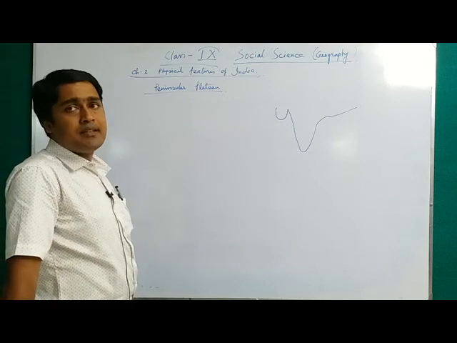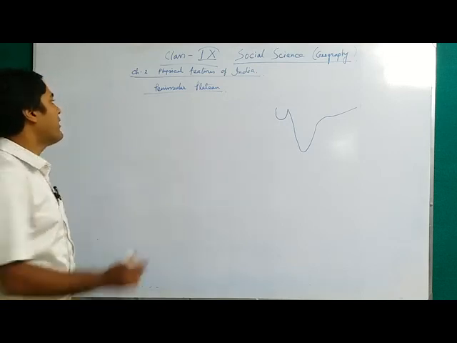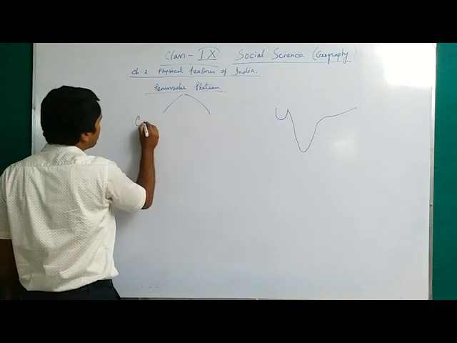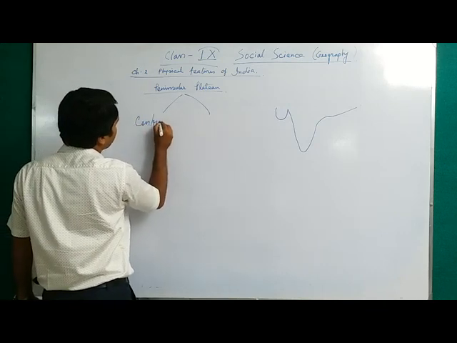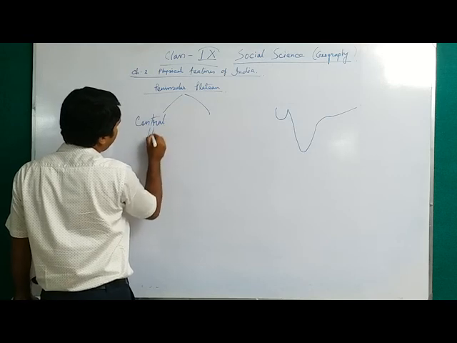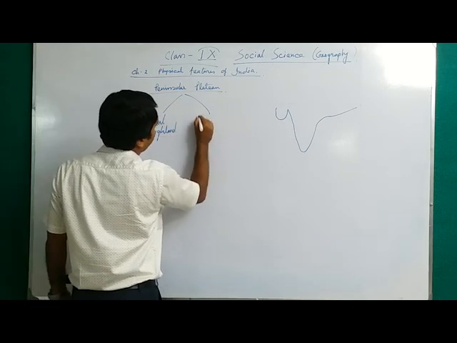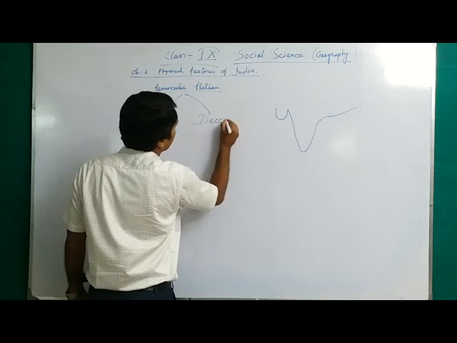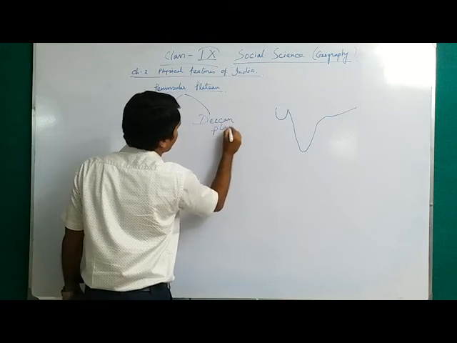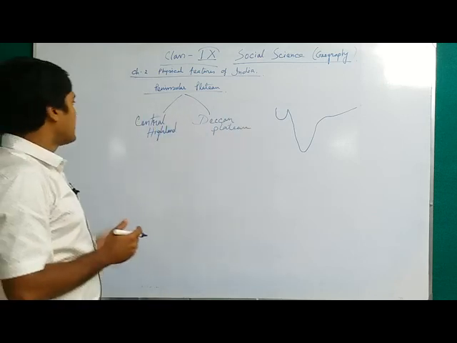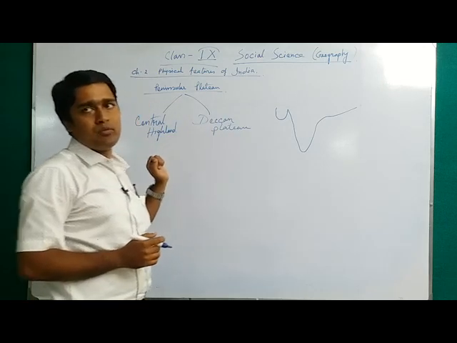That's why the Peninsular Plateau is divided into two parts: Central Highland and Deccan Plateau. So first, Central Highland and Deccan Plateau.